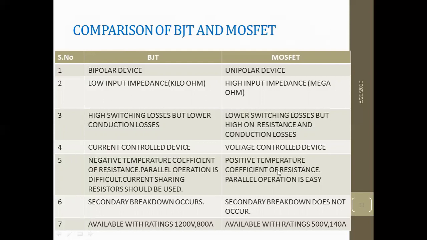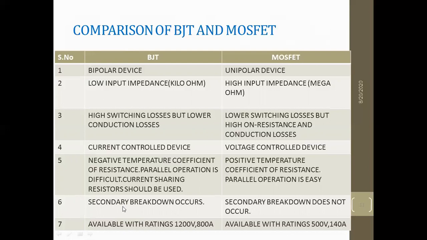The MOSFET has a positive temperature coefficient of resistance and parallel operation is easy. Next, in a BJT, secondary breakdown occurs. That is nothing but a transistor breakdown happening in the BJT.